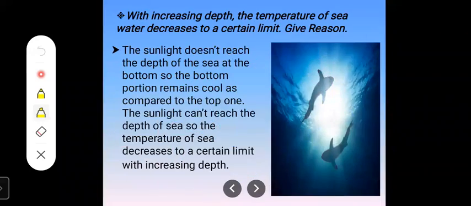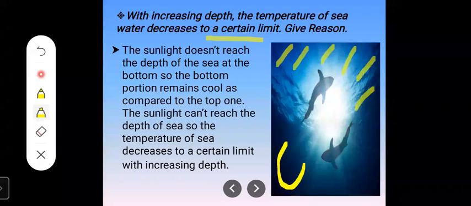Now here also, the reason is this: with increasing depth, the temperature of the seawater decreases to a certain limit. The sun's rays don't reach this depth of the sea.